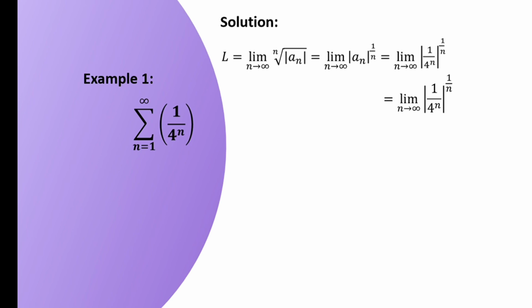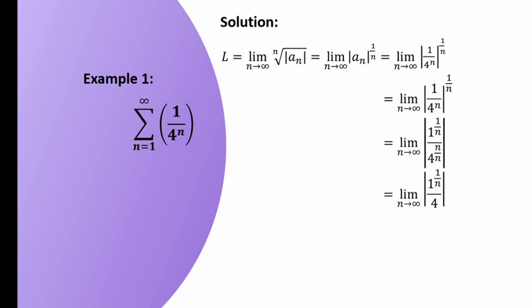Next, we distribute the 1 over n to the a sub n, which is 1 over 4 to the power of n. And we get the limit of the absolute value of 1 to the power of 1 over n over 4 to the power of n over n. Then we cancel out the n over n, since they are the same.